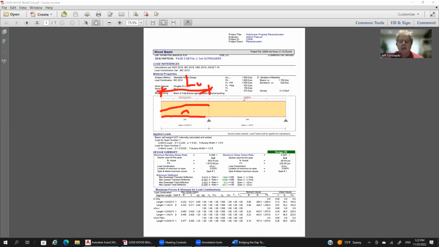Intuitively, you will start to develop a sense for that. It depends a little bit on this span compared to this span, in terms of how much of this is going to be unbraced. But certainly the simple approach is to simply look at it.